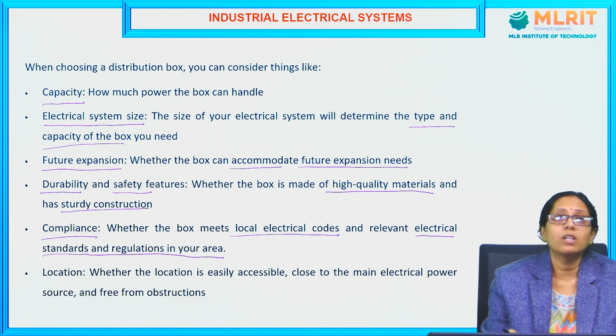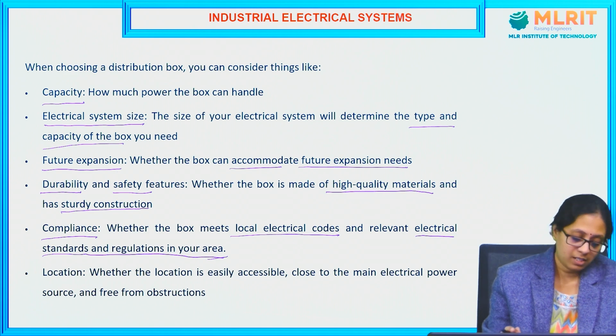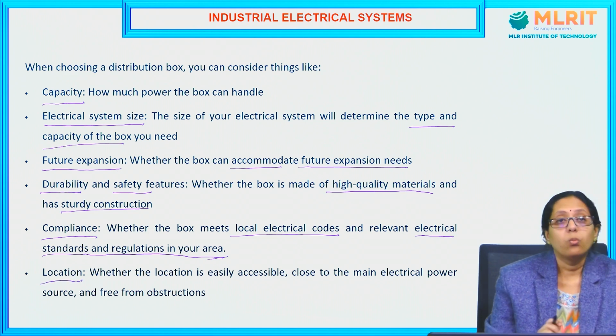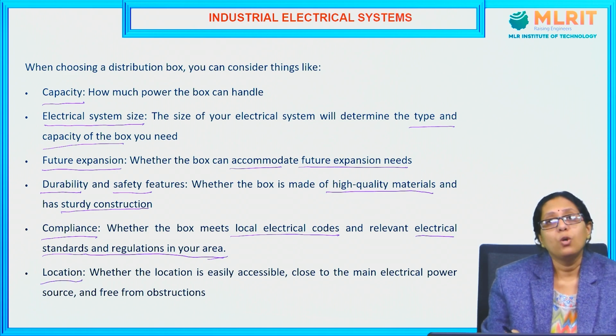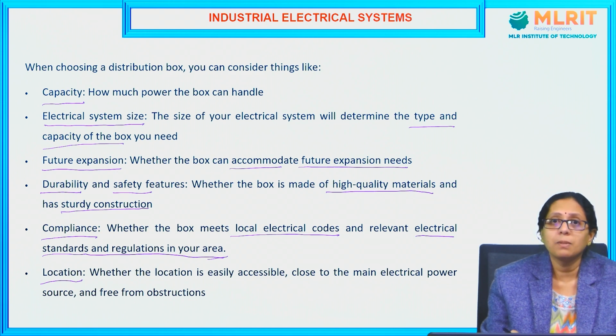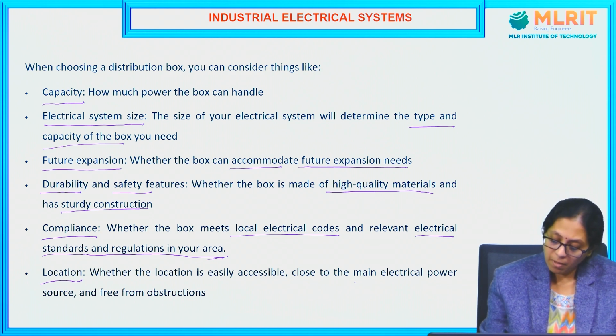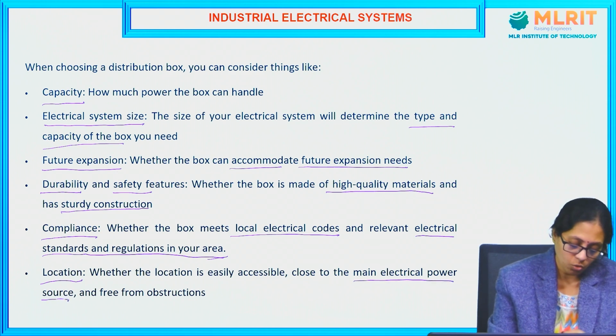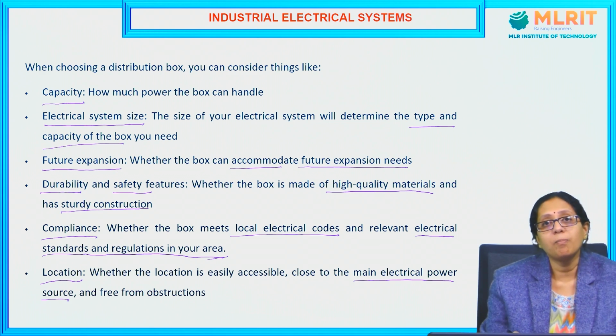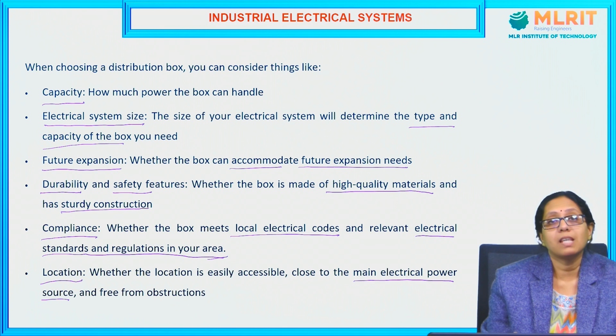So, based on the standards and codes, the distribution box should be designed. Next, location. Whether the location is easily accessible, close to the main electrical power source and free from any kind of obstructions. So, location plays a major role.